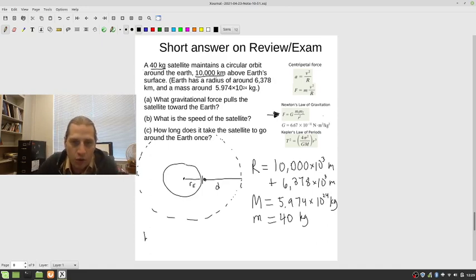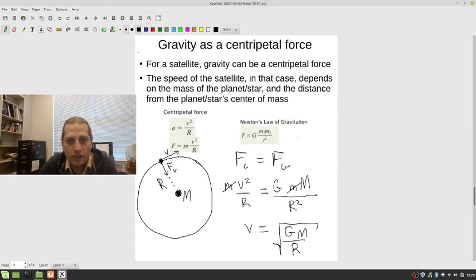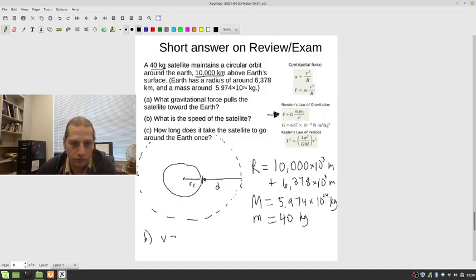B asks, what is the speed of the satellite? Well, on our previous slide, I showed you how to get that. It would be the square root of GM over r. Now, there's another way that you could get that, and that's by doing C. It asks, how long does it take the satellite to go around the Earth once?